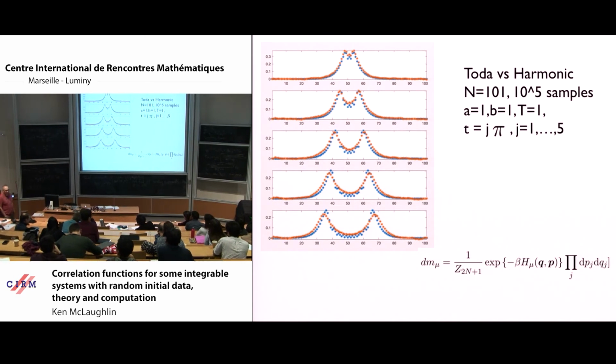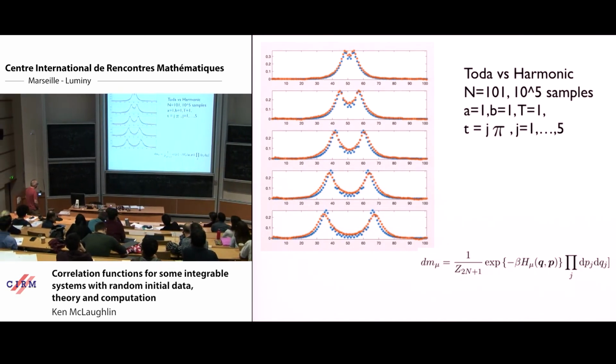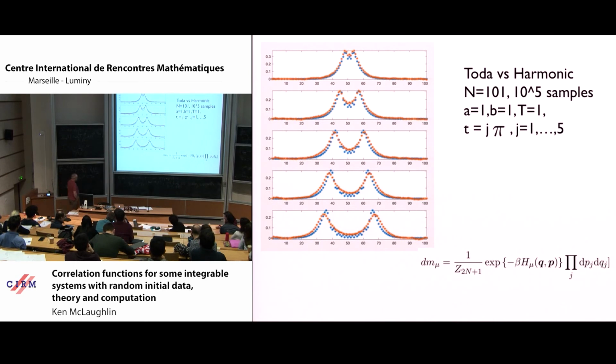Maybe time's not large enough, but the phenomenon is not terribly different between them. I think if I take 1,000,000 samples instead of 100,000, there will be the same oscillations in the orange dots as there are in the blue dots, and those are dispersive ringing, right? So different integrable systems behave statistically similarly. That's what I'm saying.